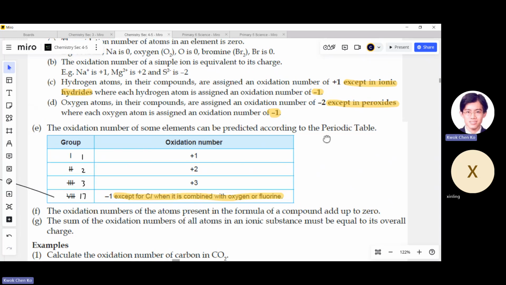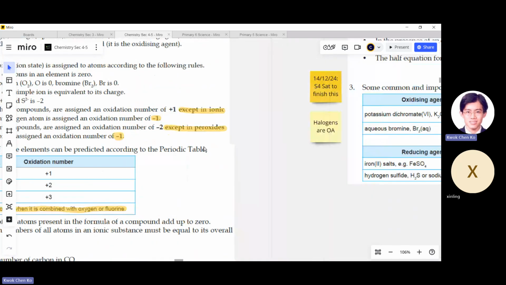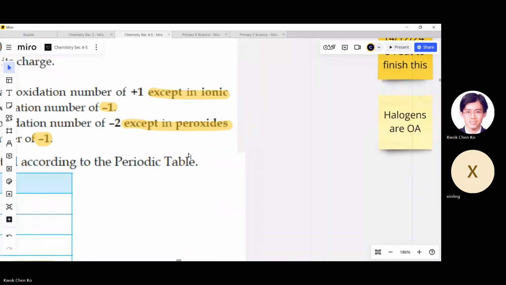Let's look at the first one. What's a hydride? I'll give you a few examples. So let's say I have this. Looks funny, but it's a salt. This is a hydride, and they call it lithium hydride. Not surprising.